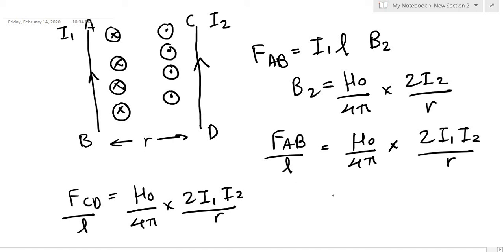Let's just take the example of gravitation. So you have a big mass capital M and a small mass m. So the force between them would be the same. Like the same force would act on this mass due to this mass, and the same force would act on this mass due to this mass. But then their acceleration would be dependent on their mass.